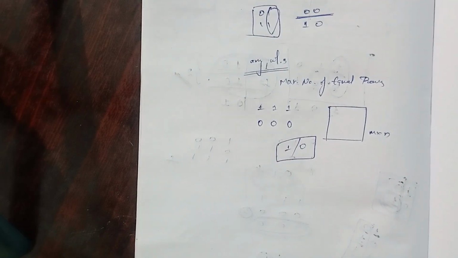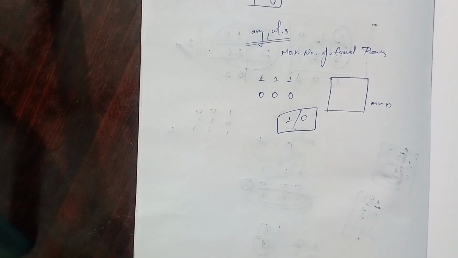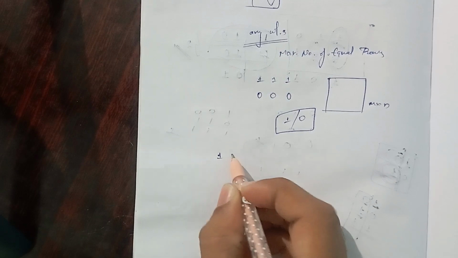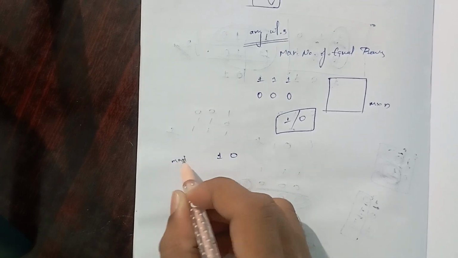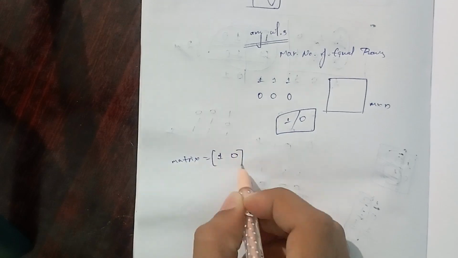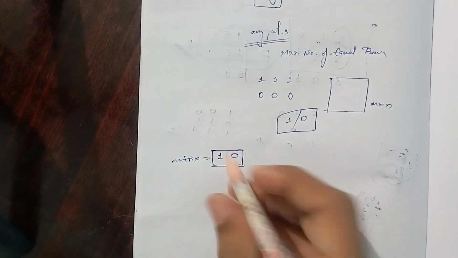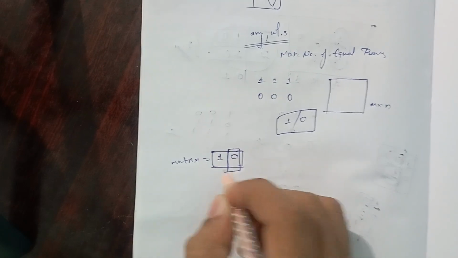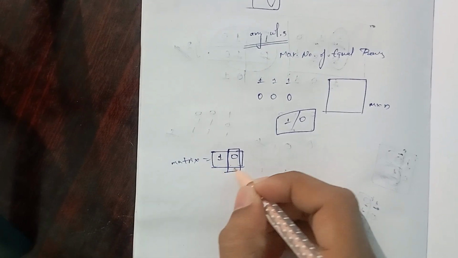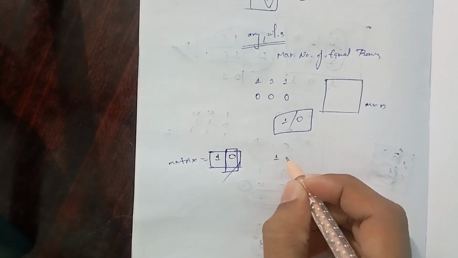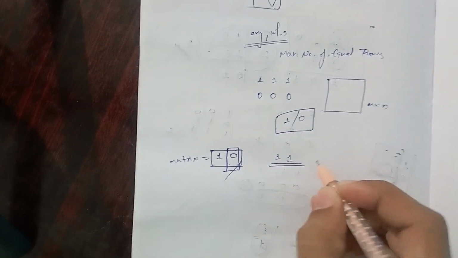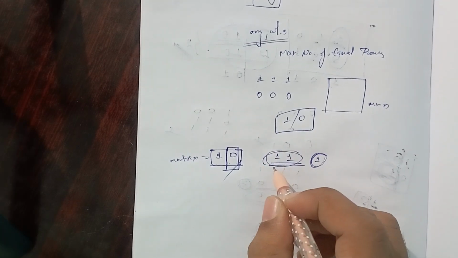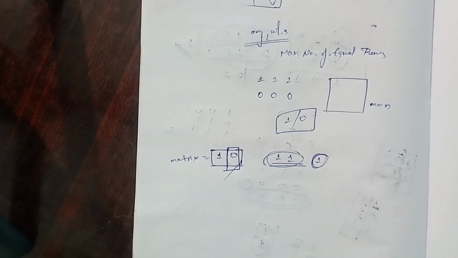If we start with only one row, 1 comma 0, and this is the matrix we are given, if we flip the second column, we will be getting 1 1. So 1 will be the answer, as this is the row which has equal elements.